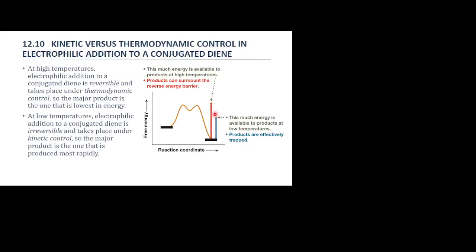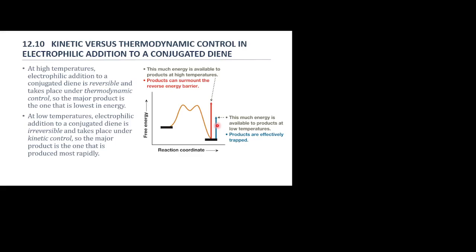So at high temperatures, electrophilic addition to the conjugate diene is reversible if we have high enough temperatures, and that's because we can overcome our energy barrier in the reverse direction, right? And so for a reversible reaction, what controls our amounts of the product? Thermodynamic product, right? The lower energy product, okay? At low temperatures, this is going to be irreversible. If we're an irreversible reaction, then what controls our product?